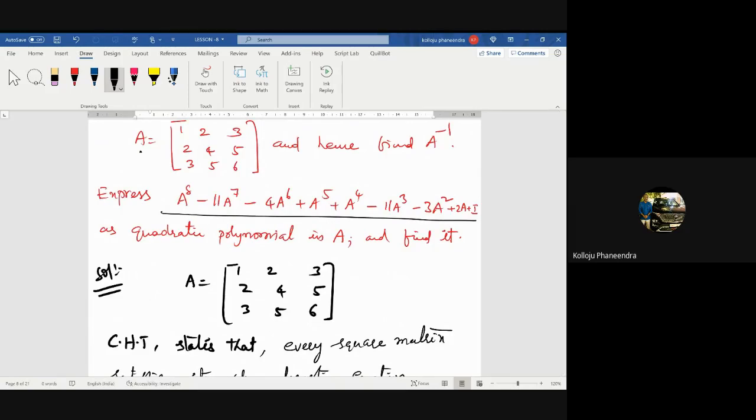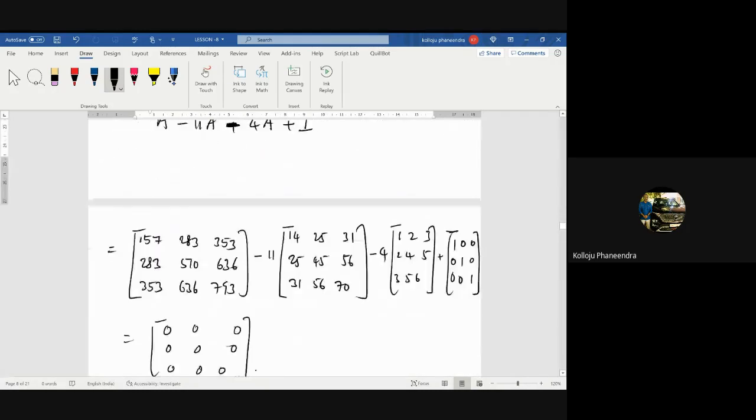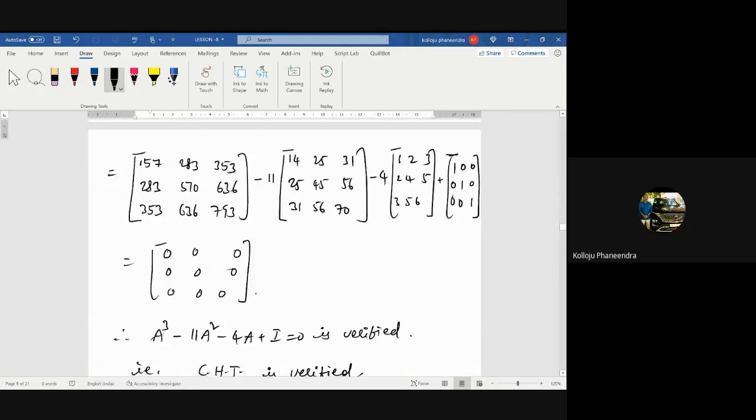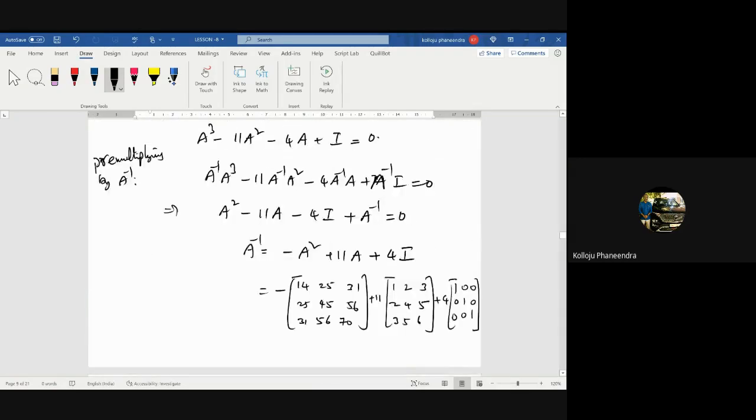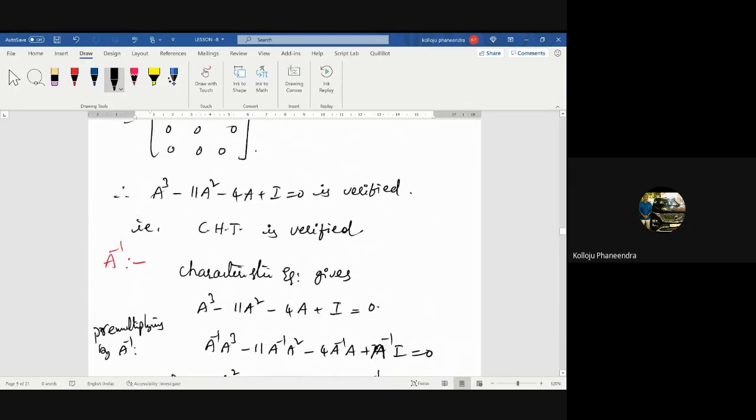So what I have to do for this is calculate A power 4 first. A cube is already known, A square is known, A power 4 let me find. Otherwise, is there any possibility? Let me write the expression. The next expression is A to the power of 8, and what is this equation in terms of A cube? A cube minus 11A square.